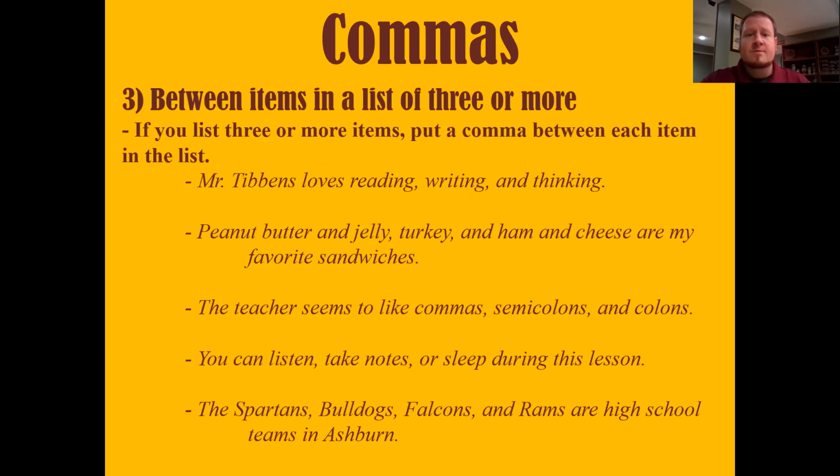Rule three is the easy one. If you have 3 or more items in a list, you put commas between all the items in a list. That last comma, the comma before the last item in a series of 3 or more, is referred to as the Oxford comma. At the beginning of this hyperdoc, in one of the opening intro things that are supposed to grab a little interest, there's an optional article linked from, I don't remember the source, maybe CNN, that referred to a rather serious court decision a few years ago where it was a civil suit between, I think, a union and a dairy manufacturer.